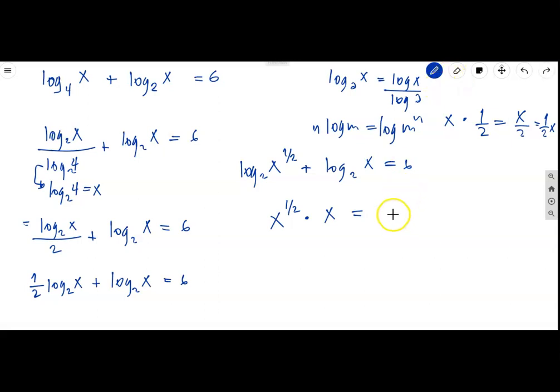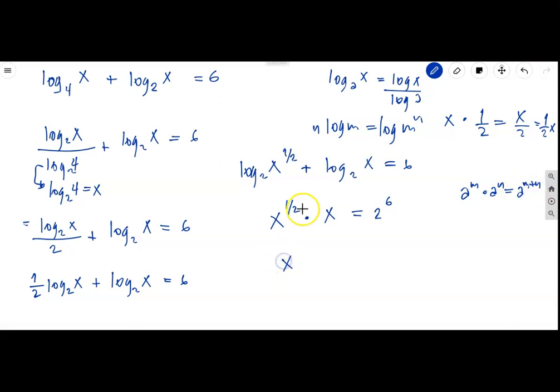A lot of students make mistakes because we neglect the base. So you will get 2 to the power of 6. Multiplying a to the m times a to the n gives us a to the m plus n.